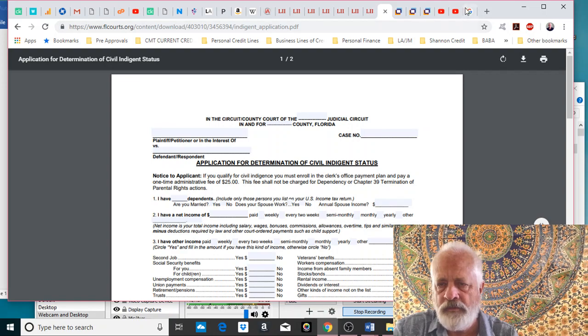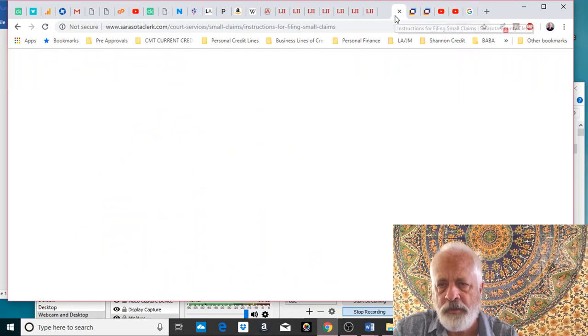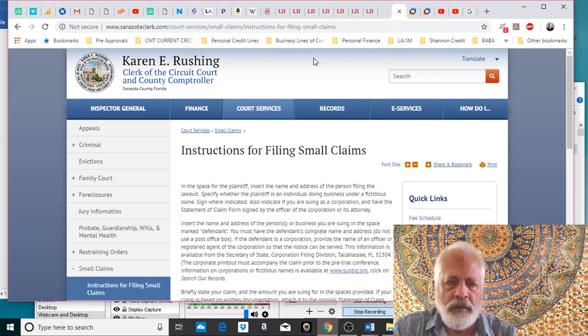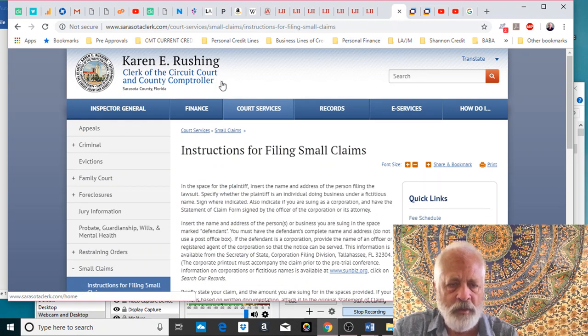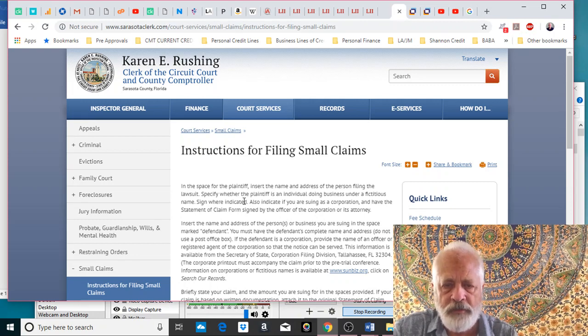Now let's go on to, whoops, I know I have it pulled up here. Okay. So an example, Sarasota County, where I have done filings and small claims. You can go to your county website. There's going to be instructions for small claims right there. Here they are. Look at it, right? And if you look on it, there'll be something about the forms.